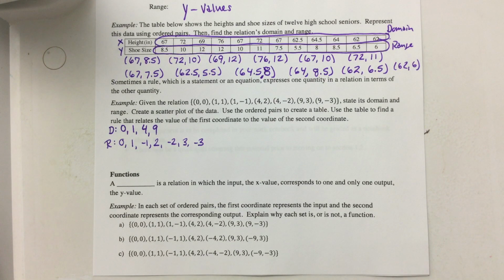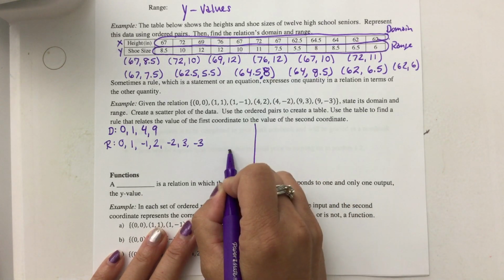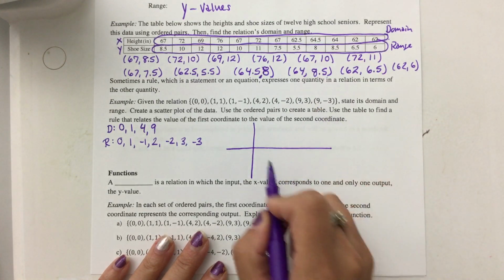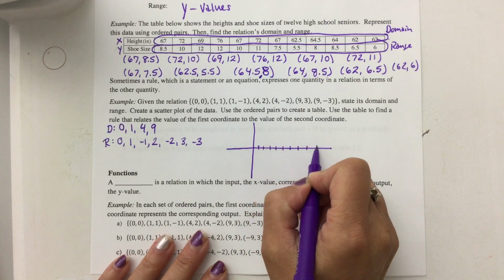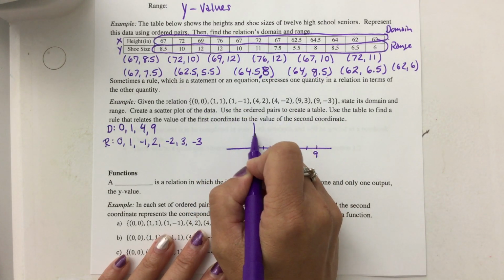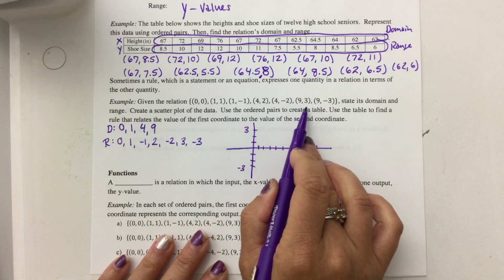Okay, it says state the domain and range, create a scatter plot. Okay, super cool. I'm going to go ahead and create a scatter plot. I'm going to have to go all the way to the right 9. 1, 2, 3, 4, 5, 6, 7, 8, 9. Okay, good. The largest number I have going up or down is 3. And going to the left, I don't have to go to the left.